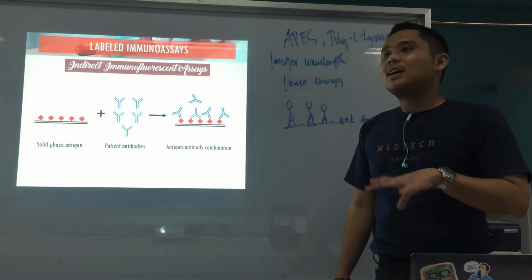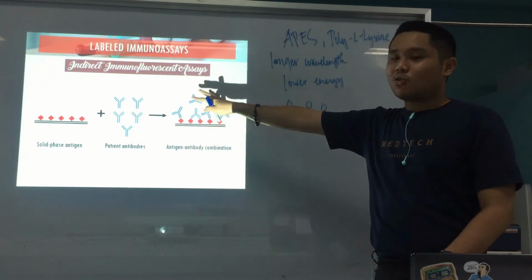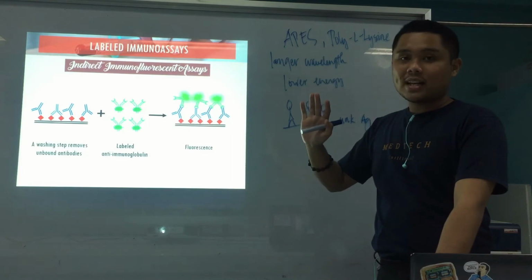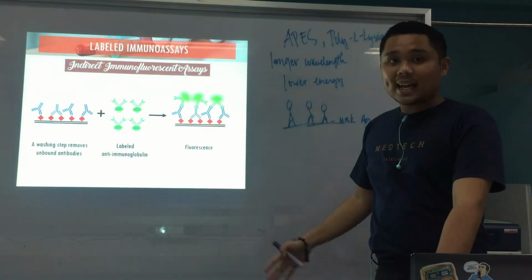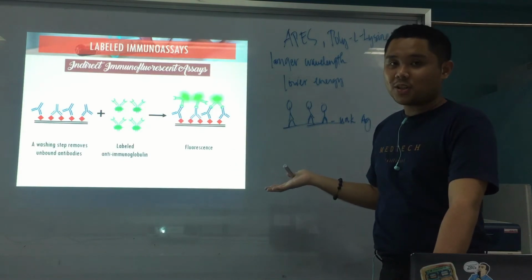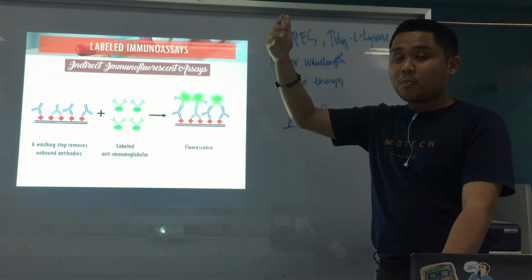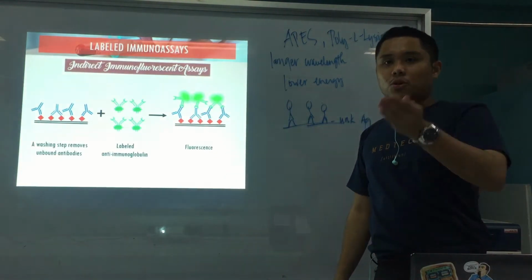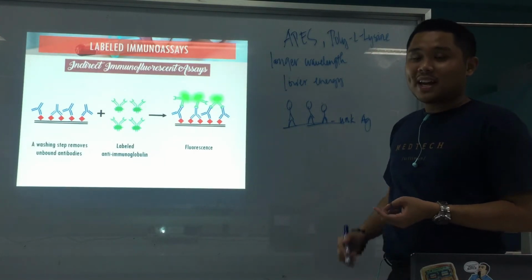Back to the antigen-antibody combination: of course they combine, then you wash to remove the unbound antibodies. After washing, you add the labeled antibodies, which bind to the antigen-antibody complex, and then you examine for the fluorescence. So that's indirect immunofluorescence.